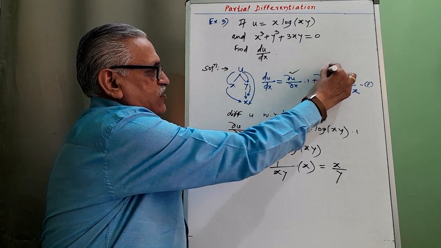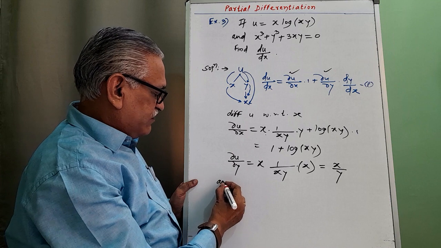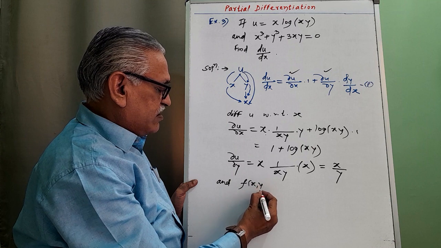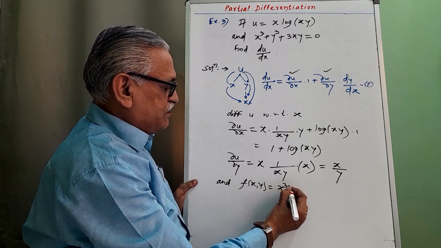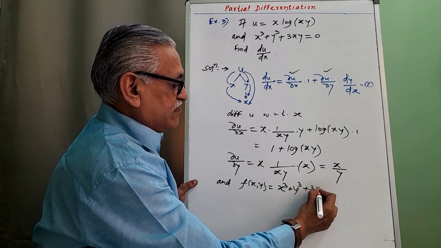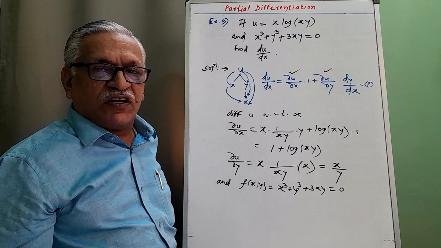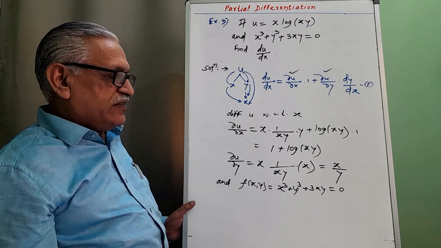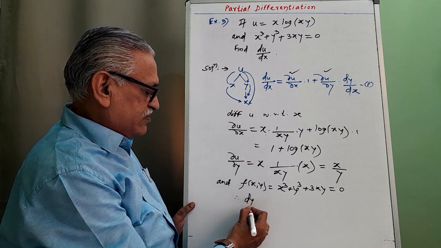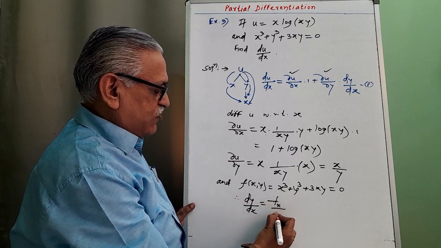I have obtained these two values, and to obtain this dy by dx, the function of xy, x cube plus y cube plus 3xy equals 0, is an implicit relation, and as it is an implicit relation, dy by dx is given by minus fx upon fy.